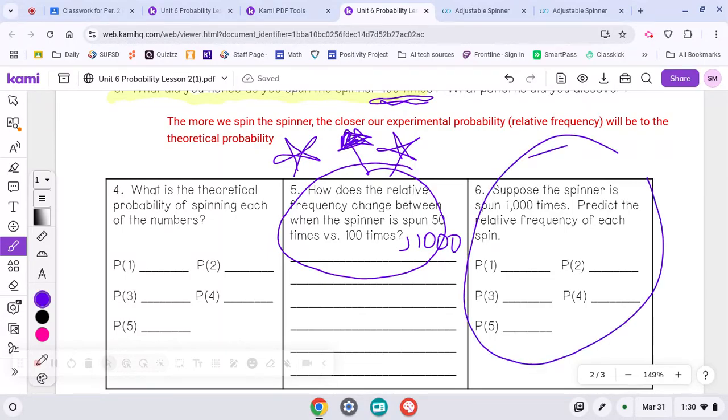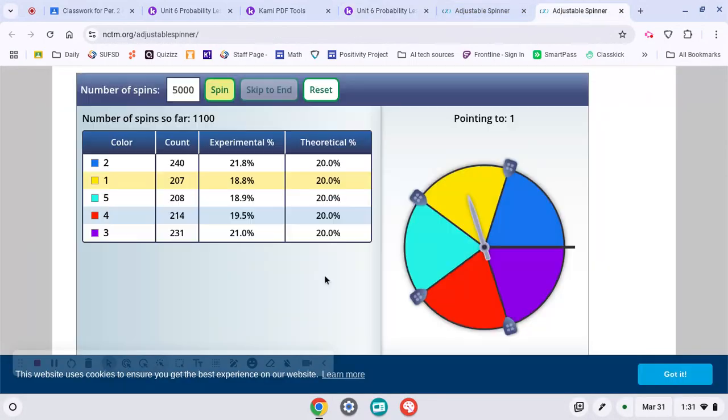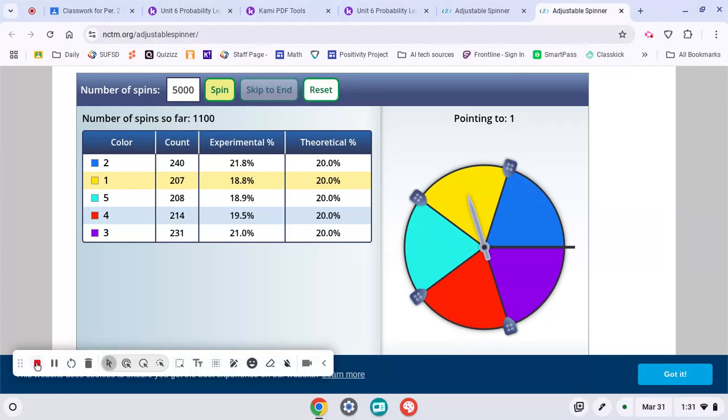And we actually have the results from there, but the closer we get, it will be our 20%. Ours were actually 21, almost 19, a little over 19, and another 21. That's your lesson for experimental and theoretical probability.